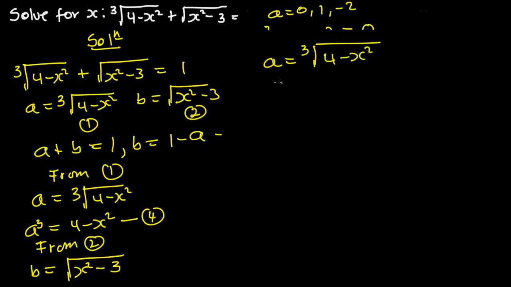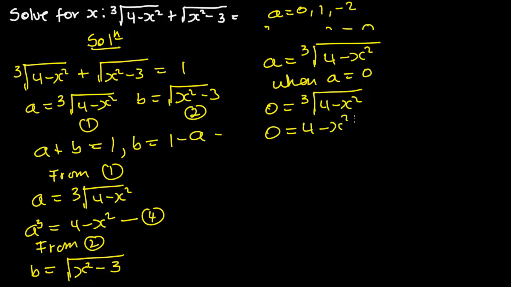And so when we consider when a is equal to 0, what are we going to get for x? So we are going to have 0 to be equal to the third root of 4 minus x squared. Now to be able to get rid of the third root, you have to raise both sides to the power 3. So when we do that, we are going to have 0 to be equal to 4 minus x squared.